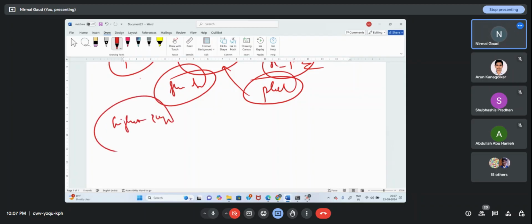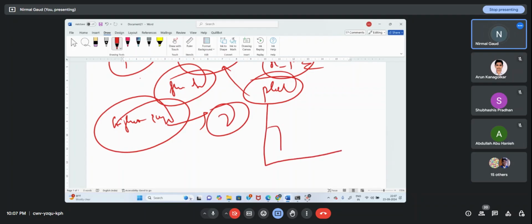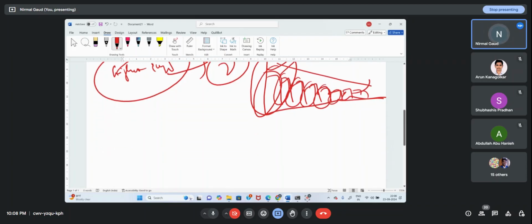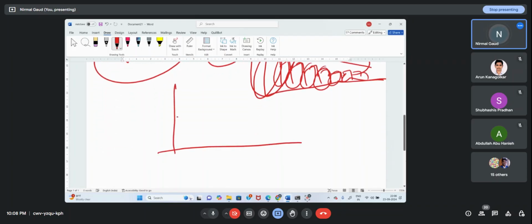So I took two components. PCA arranges all the features in descending order: highest information, then lower, then lower, and so on. So I took these two, which are showing the highest information, and I plotted them. This is cluster number one, and this is cluster number two. This is what I got.